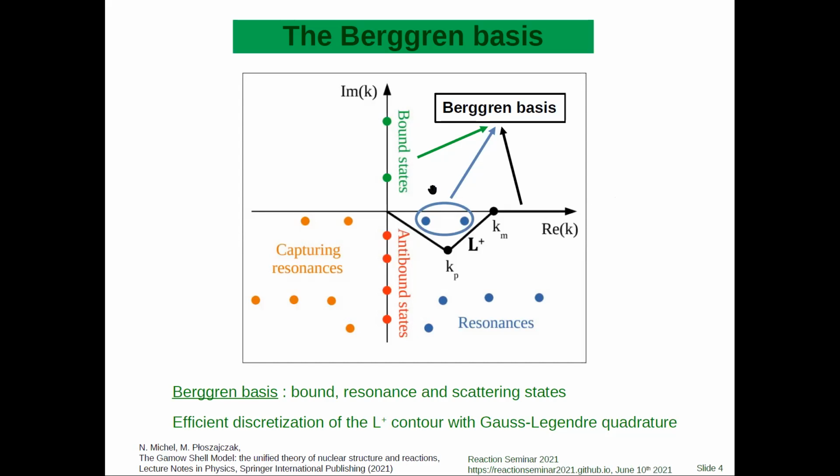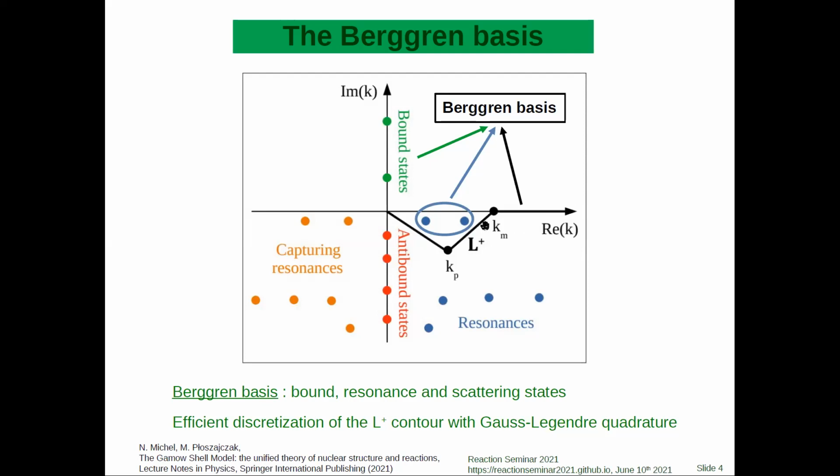By deforming the contour in the complex plane, one obtains the Berggren basis, where one has bound states, narrow resonance states here, and the complex contour of scattering states, so that one has a basis of complex energy states with which one can expand not only bound states, but also resonance states, which have an exponentially increasing outgoing wave function condition at infinity, so that we can consider states of a finite lifetime with the Berggren basis.